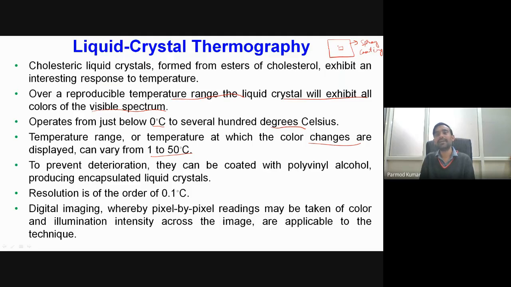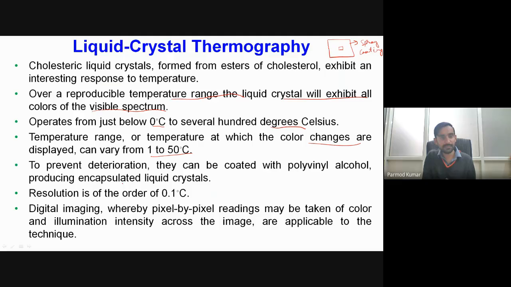Okay, so what we can do now, we can take a photograph of this surface, where we have the different spectrum of light, and then we can employ image processing for obtaining the corresponding RGB values at each and every pixel location, and then we can relate these RGB values to the corresponding value of the temperature.